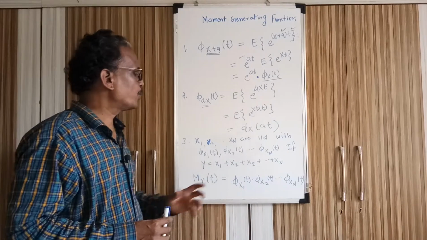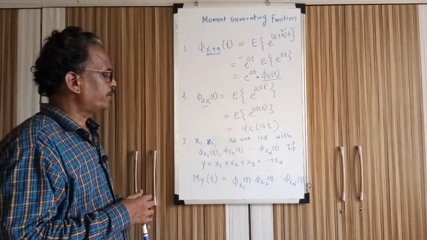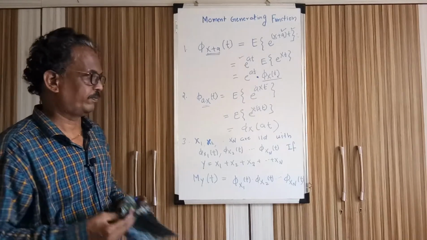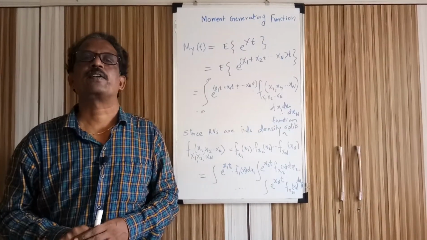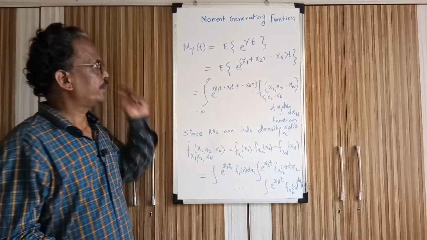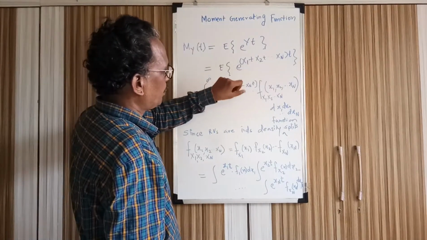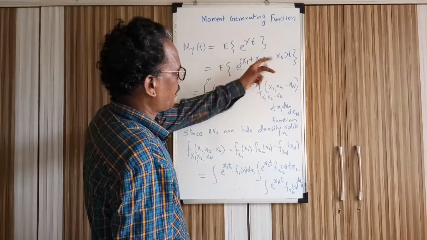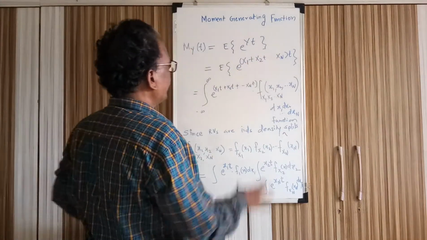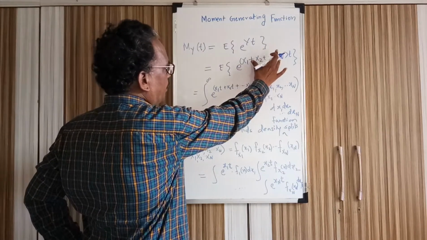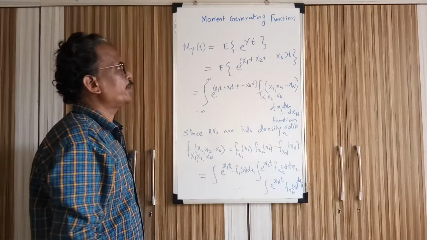We can prove this within 1 or 2 steps. So let us prove how it is going to be a product function. By expanding that equation, we get expected value of e to the power (x1 plus x2 plus xn) whole bracket multiplied by t. So y is nothing but the addition of independent random variables, and they have identical distribution.